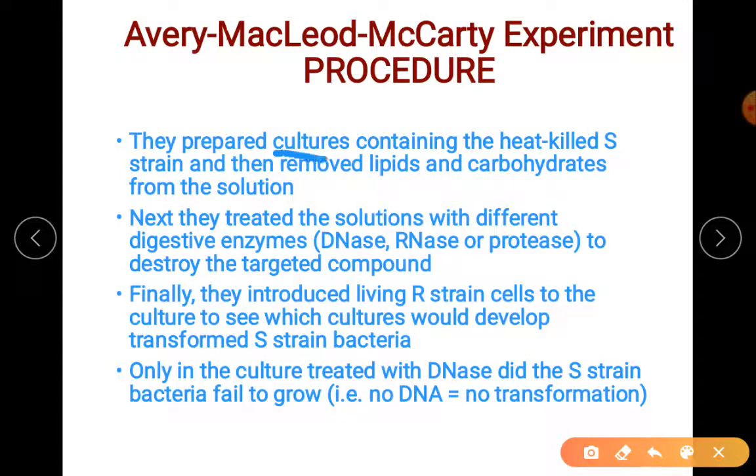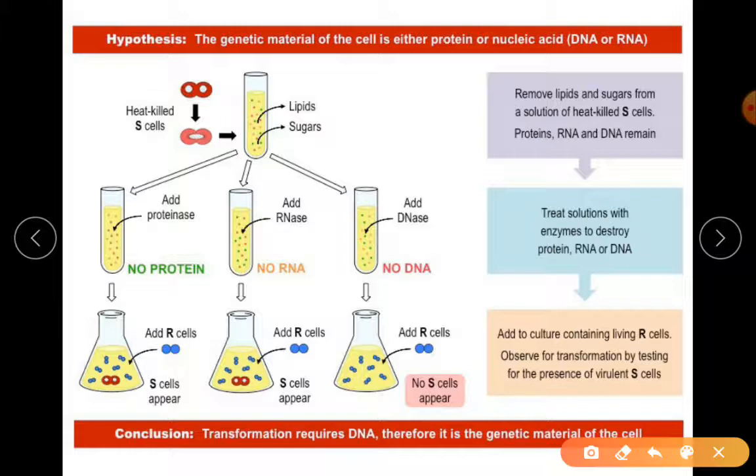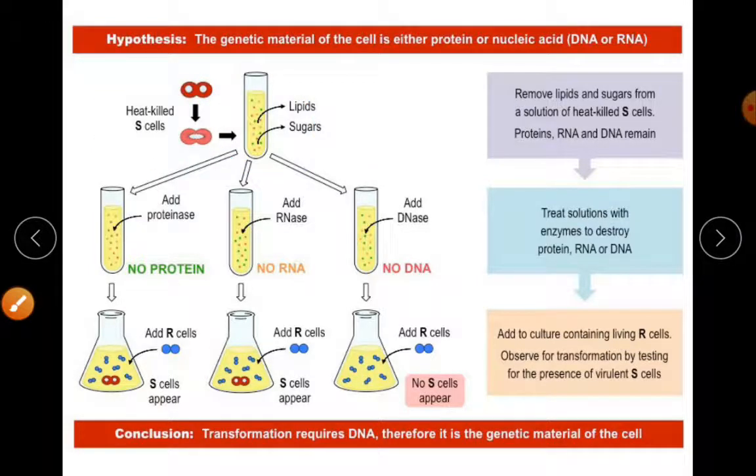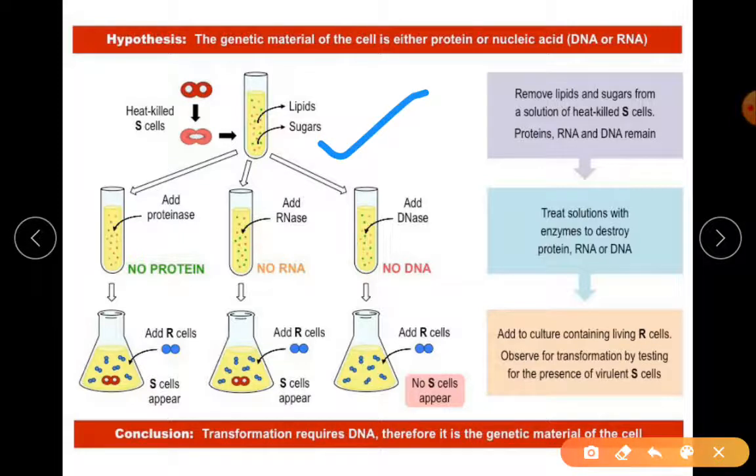First he prepared the cultures. So observe here, the culture he has taken is heat killed S strain. Now there are many components here.